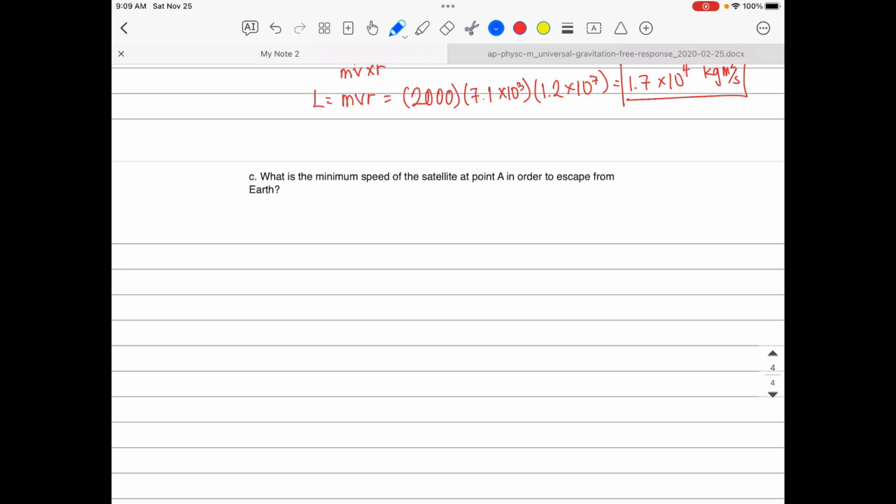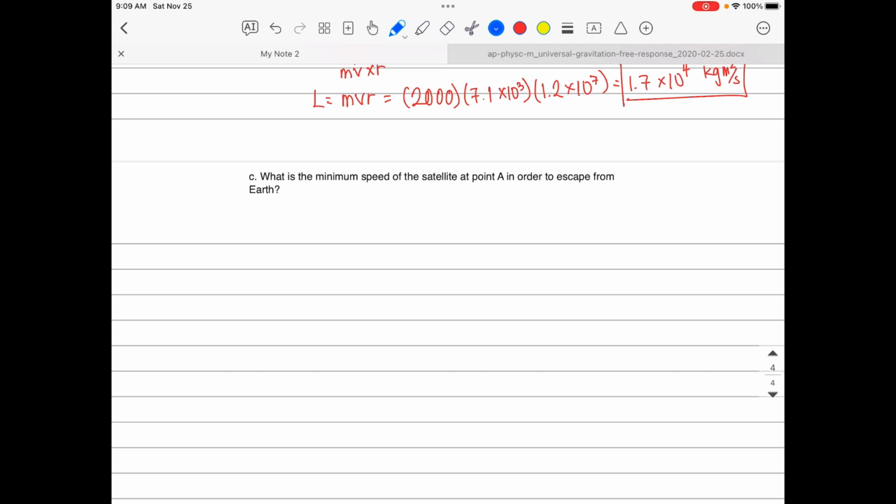All right, so for part C, it says, what is the minimum speed of the satellite at point A in order to escape from Earth? The equation is given to you in the notes, but I think it's always good to go through the practice of deriving the equation.